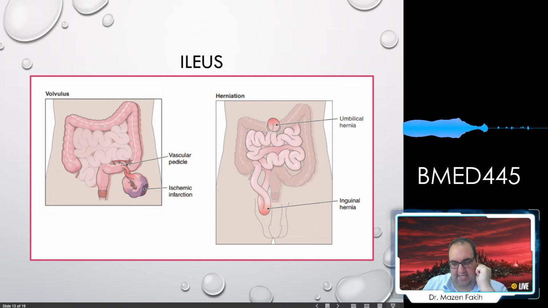Fascia is a connective tissue يلي بتعمل bundles of muscles, and there is في عنا fascia that keeps everything together بقلب البريتونيوم.